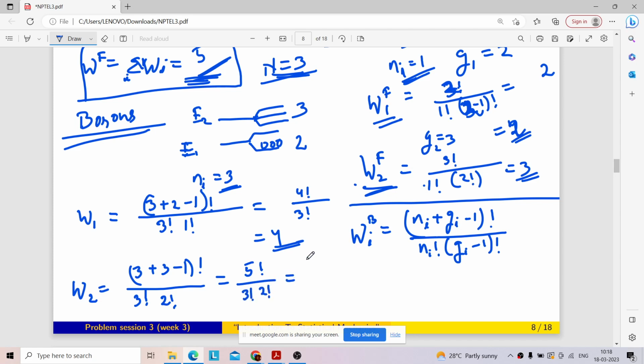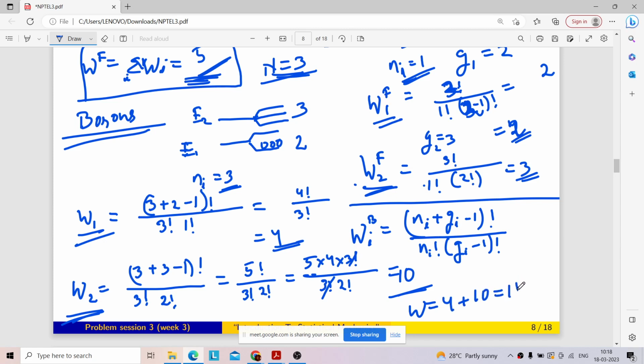So it's 5 into 4 into 3 factorial over 3 factorial, 2 factorial. So this is 10. So I have 10 microstates in the energy state number 2. So what is the total number of microstates? It's 4 plus 10 is 14 now.